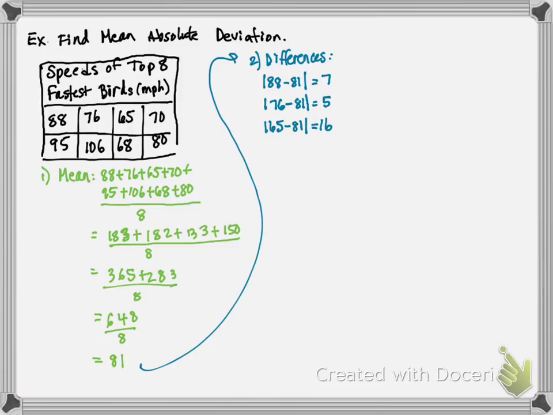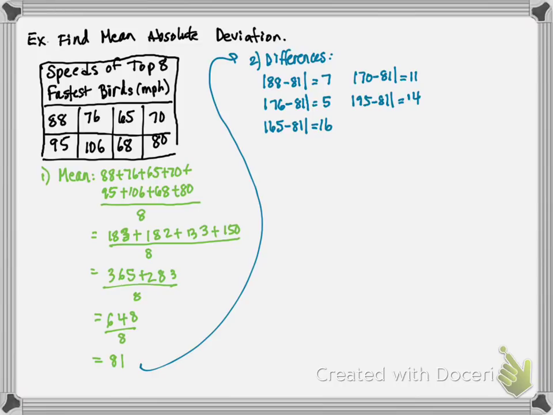And then the absolute value of 70 take away 81. That would be 81 take away 70 is 11, but it's really negative 11, but the absolute value makes it positive 11. And then we've got 95 take away 81, and that's going to give me 14.